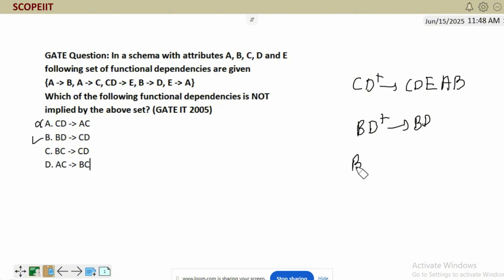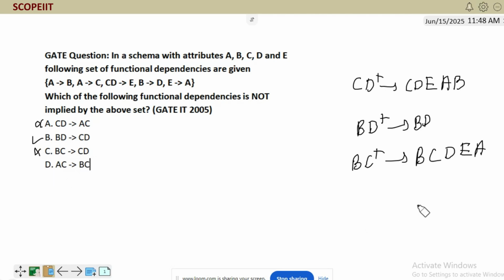Let us see. Find the closure of BC. If we find the closure of BC, first of all, we will get BC. Then from B we will get D also. So write down here D. Then from CD we will get E. So we have CD, right? From CD we will get E. And from E we will even get A. So from BC we'll get CD. Yes, we will get. So this is also not the correct answer.